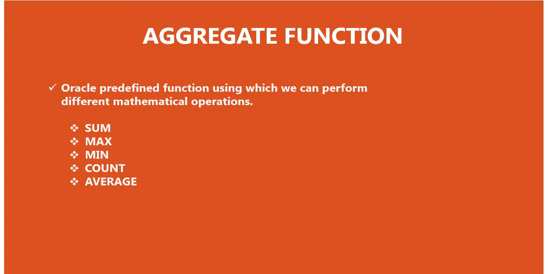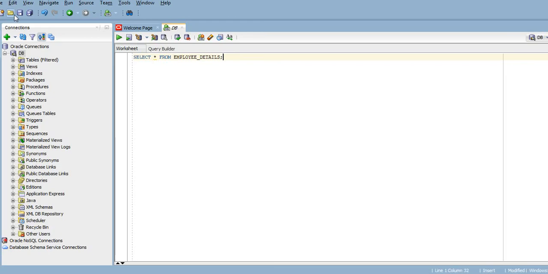So let's check how to use these aggregate functions in an Oracle database while selecting the data, or in our day-to-day life, based on an example. Over here we have a table called employee details.